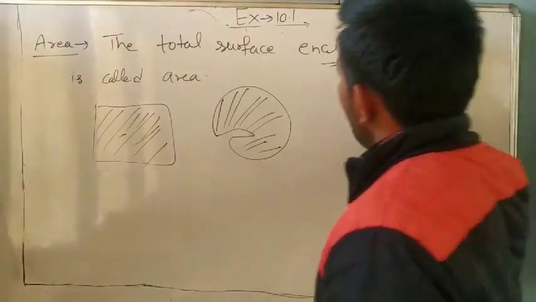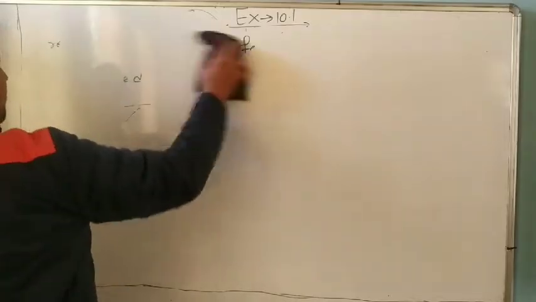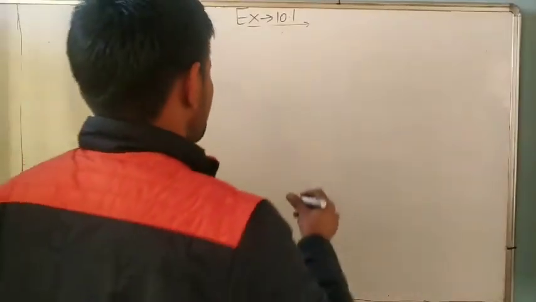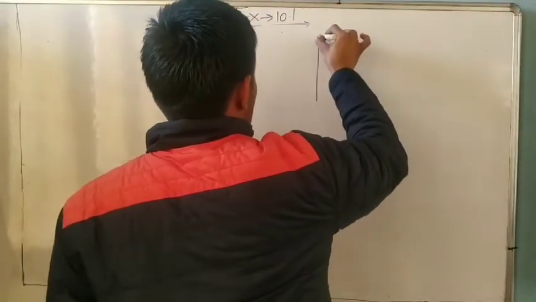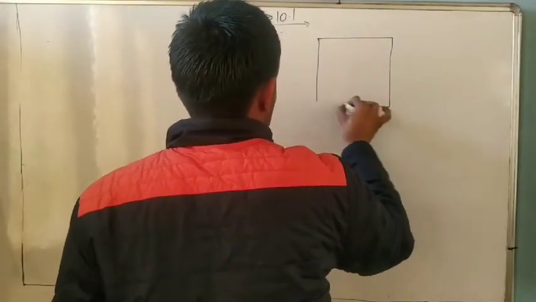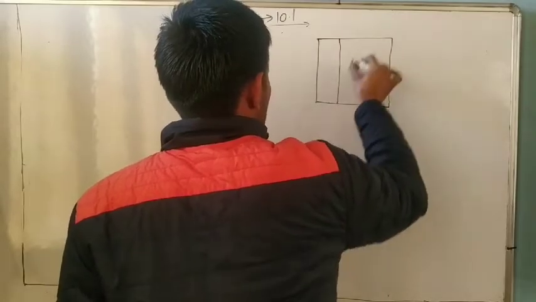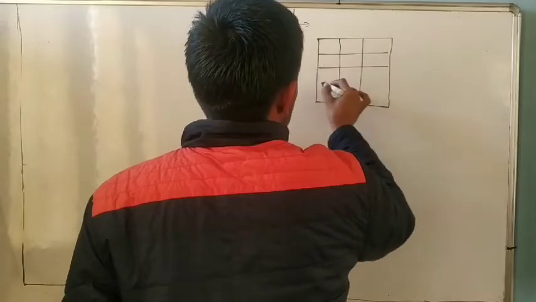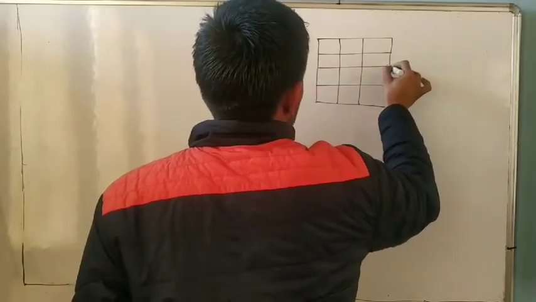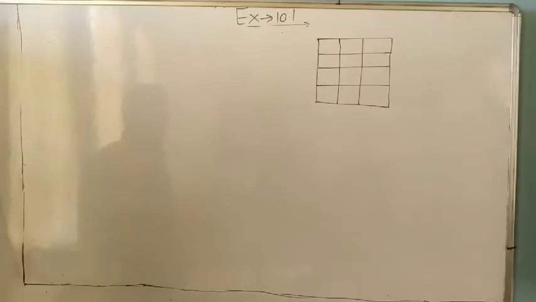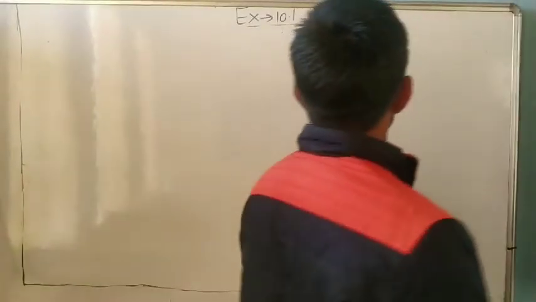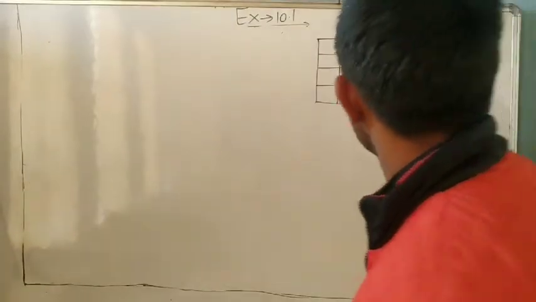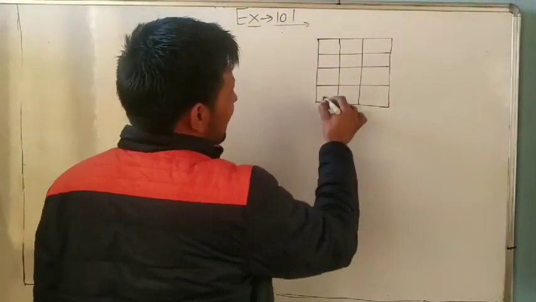Now next, suppose it is given. Now suppose these are each a square.